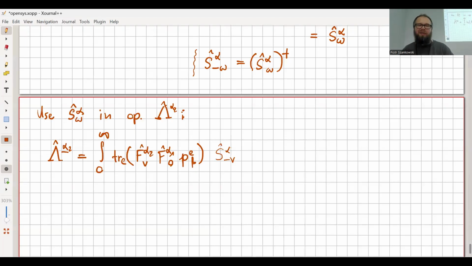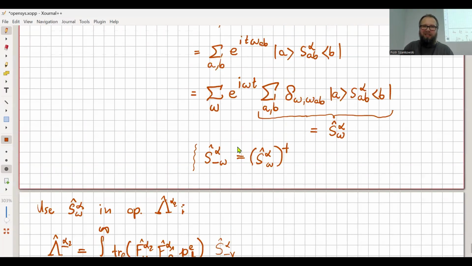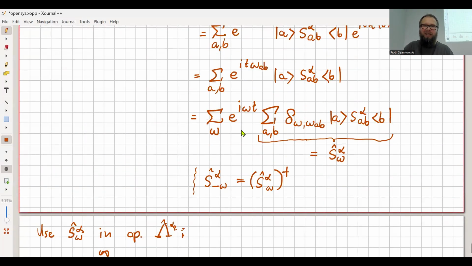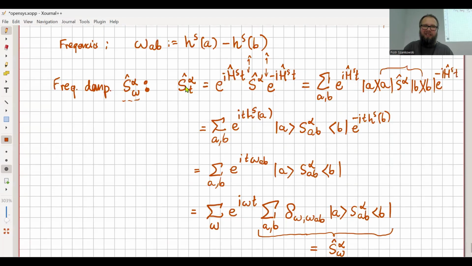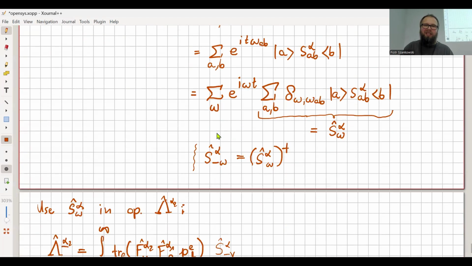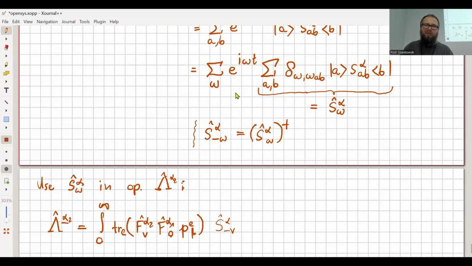But we can use our frequency decomposition here. We have it right over here, right? The interaction picture S decomposes into a sum over omegas and so on.